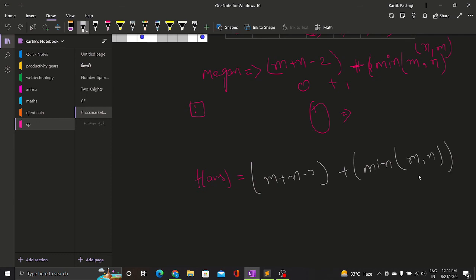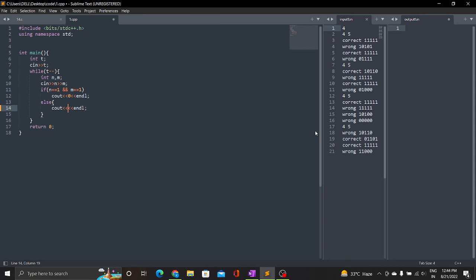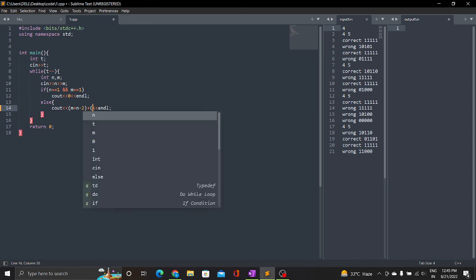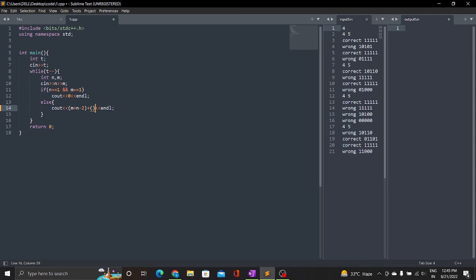Okay, let's code this up. m plus n minus 2 plus minimum of m comma n. Okay.